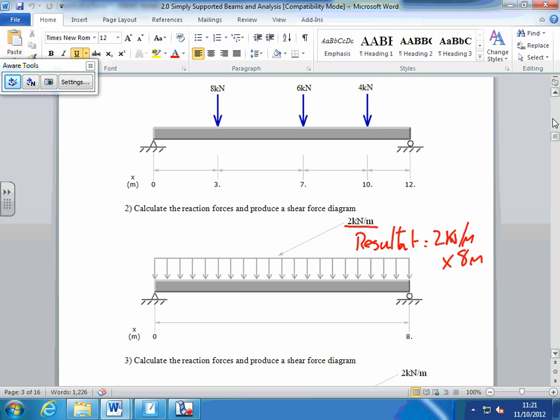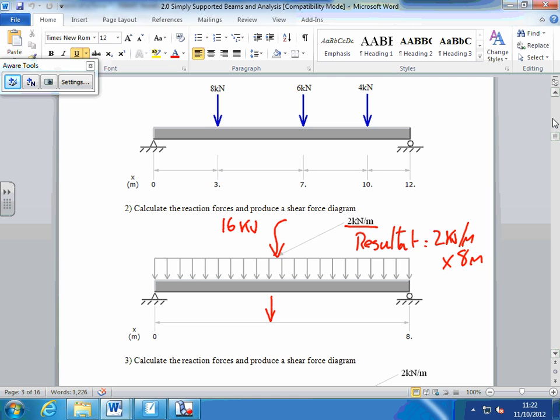So I'm going to get 2 times 8, 16 kilonewtons acting downwards, and this is going to be acting in the middle of the beam, because the UDL is across the full length of the beam. So now I treat the problem as a point load of 16 kilonewtons acting down.